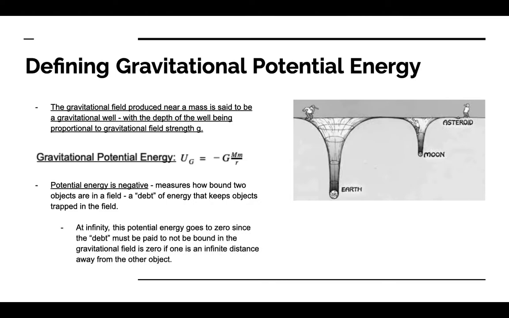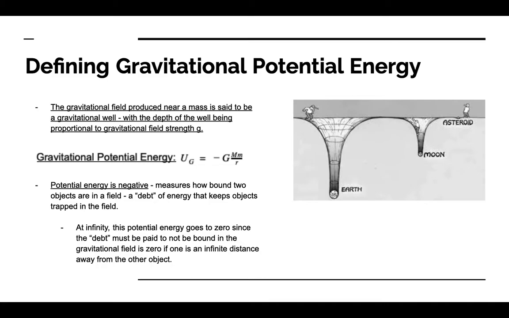So at infinity, this potential energy goes to zero, since the debt that must be paid to not be bound in the gravitational field is zero if one is an infinite distance away from the other object. So if our guy is an infinite distance away from the Earth, they're not going to be in the gravitational field of the Earth. They're going to have escaped that gravitational field, so they don't have to pay anything to get out of it.